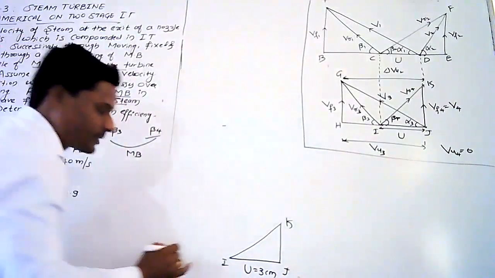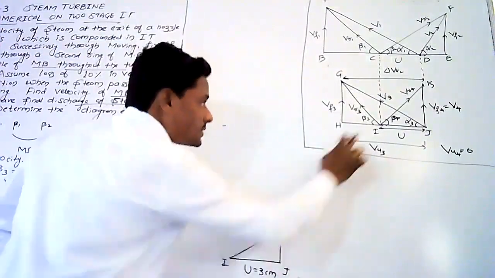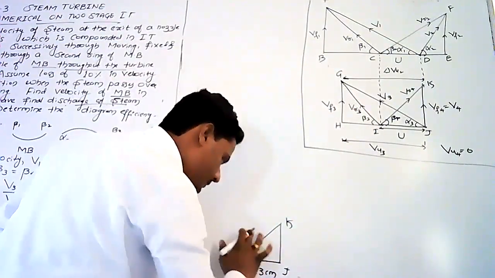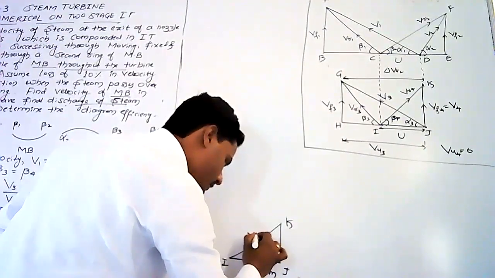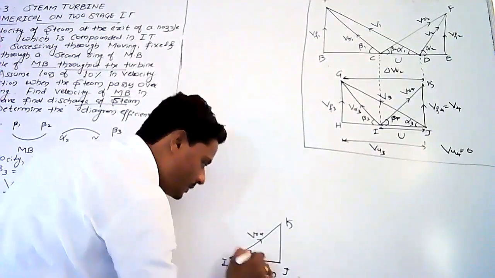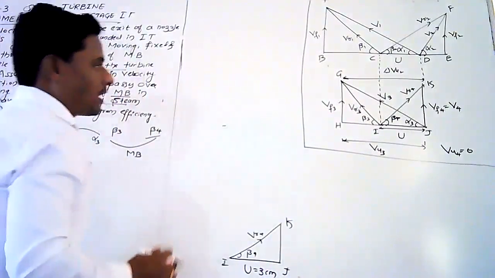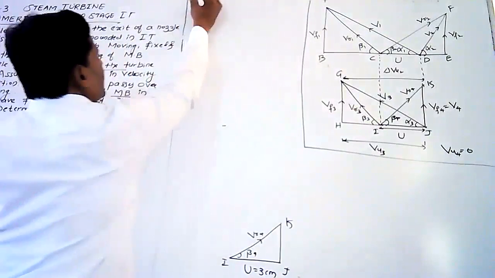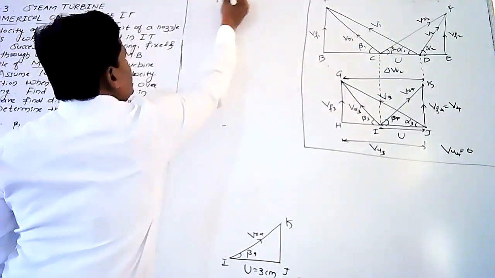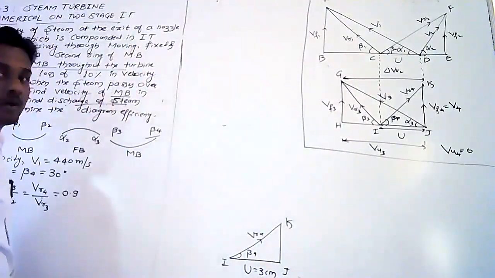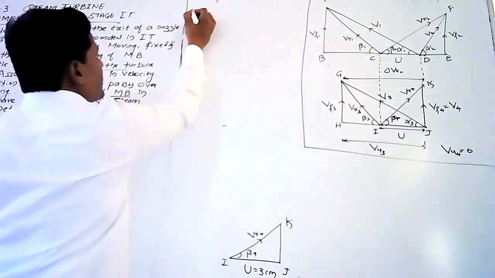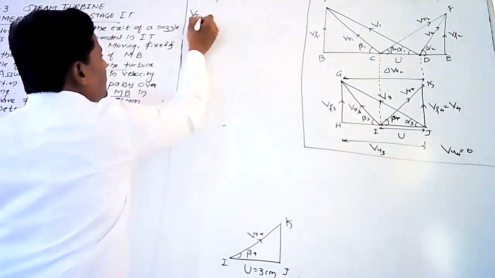Yes? Okay. Now this is, of course, VR4, and this is the beta 4. Now from the graph, just measure what VR4 is here.